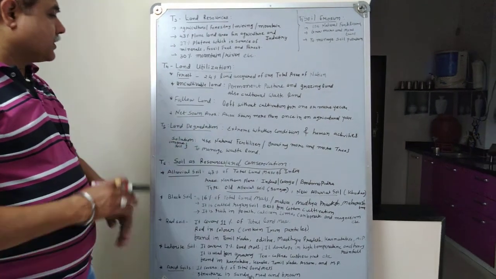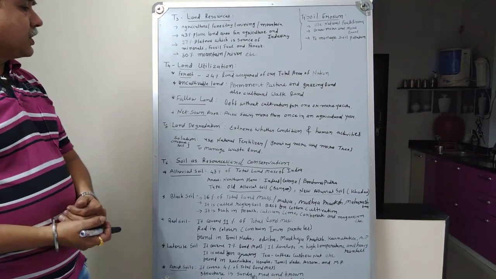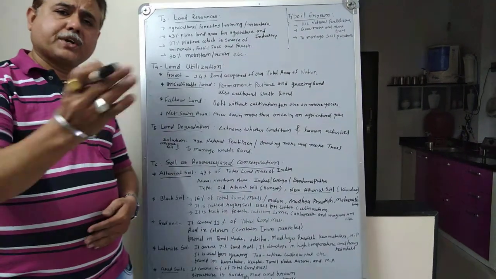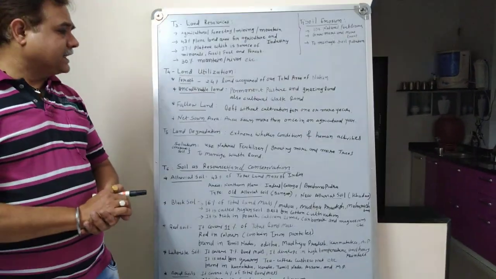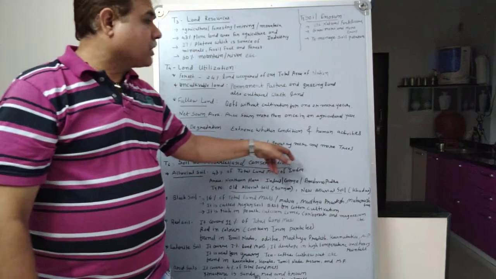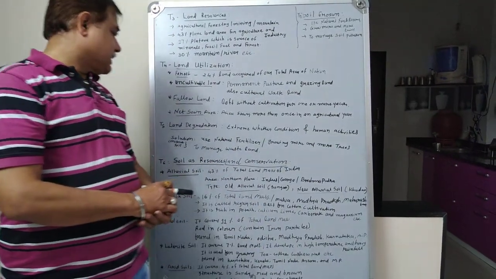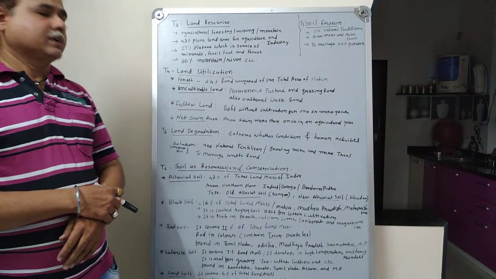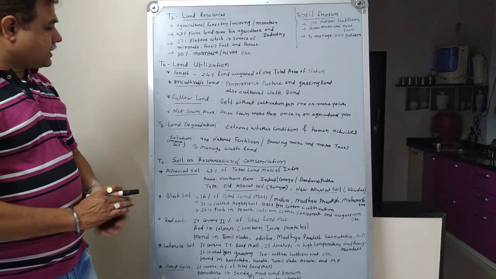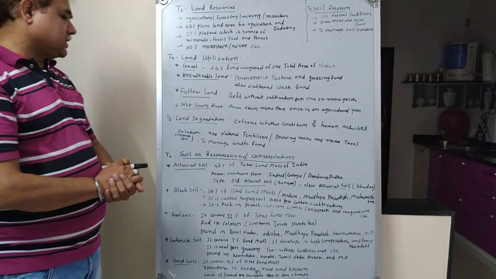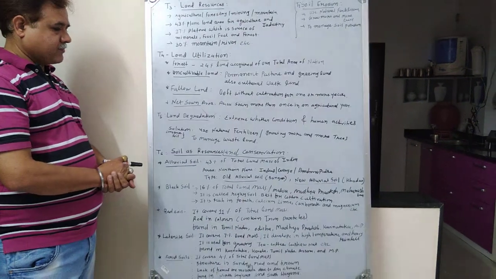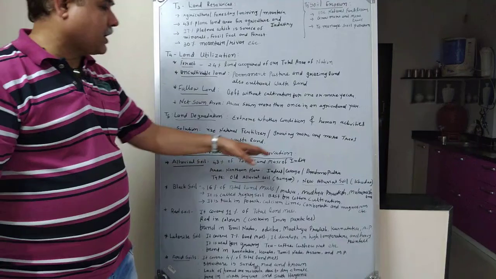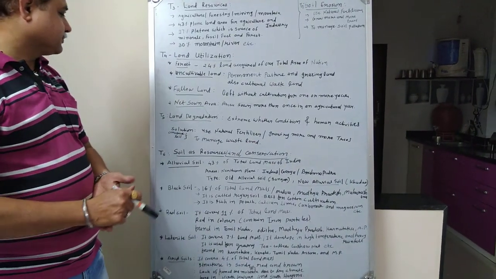There are many ways. Here are the solutions. Use natural fertilizer instead of artificial fertilizer. Second, grow more and more trees. Third, manage wasteland. In this way, we conserve soil. Now, soil as a resource and how to conserve it.